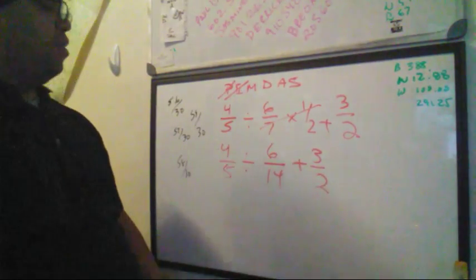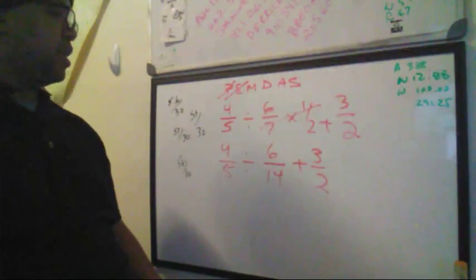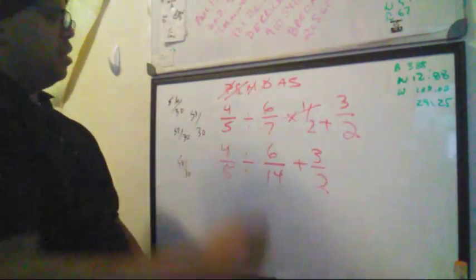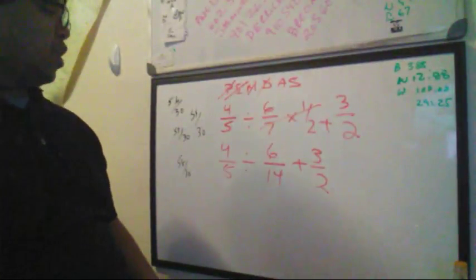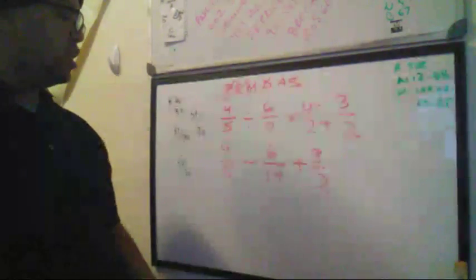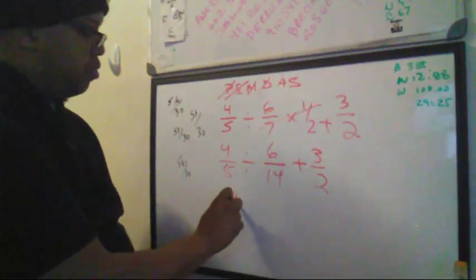3/2. 4/5 comes down. Now, we did the multiplication. Division is next. So I am going to divide 4/5 by 6/14. And this just becomes a multiplication problem.